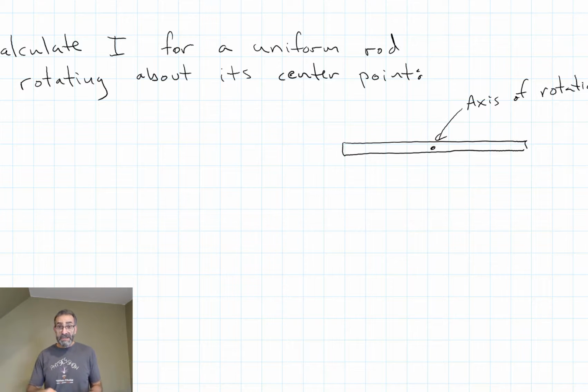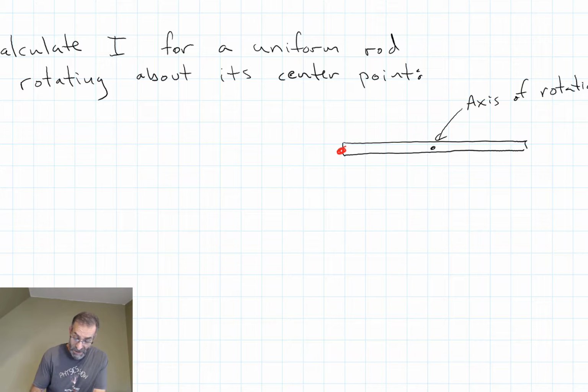In other words, do you expect our answer to this problem to be more or less than the answer we got to the one in the previous video? In the previous video, we did a rod rotating about its end point. That would be this situation. Now we're going to do the rod rotating about its center point.